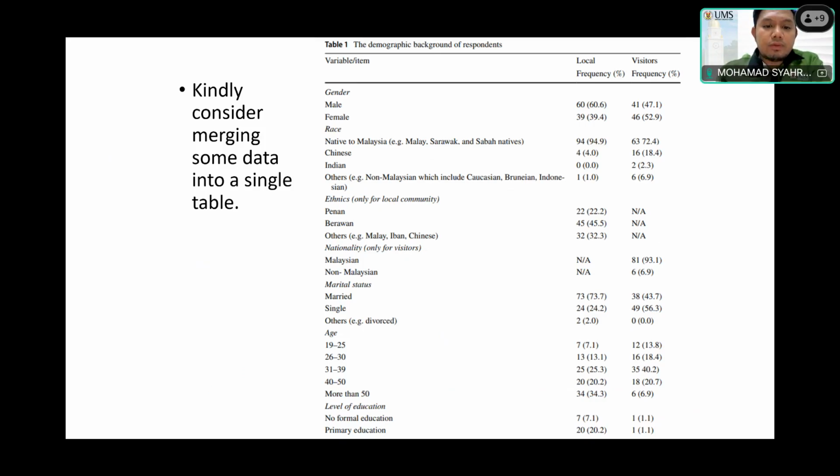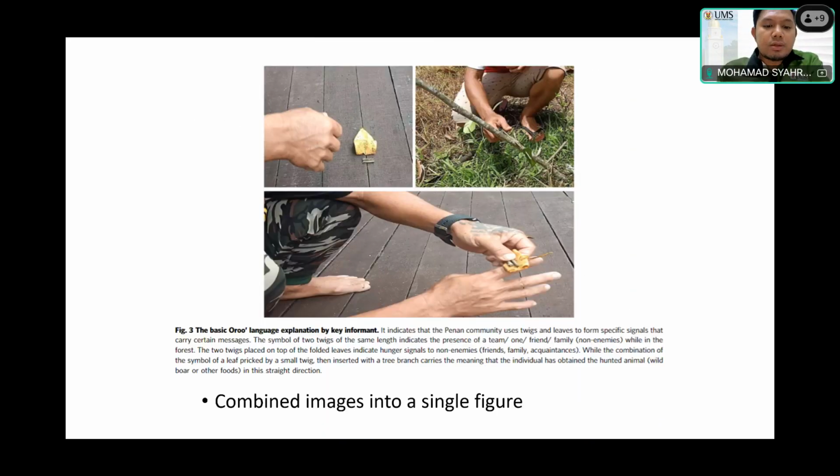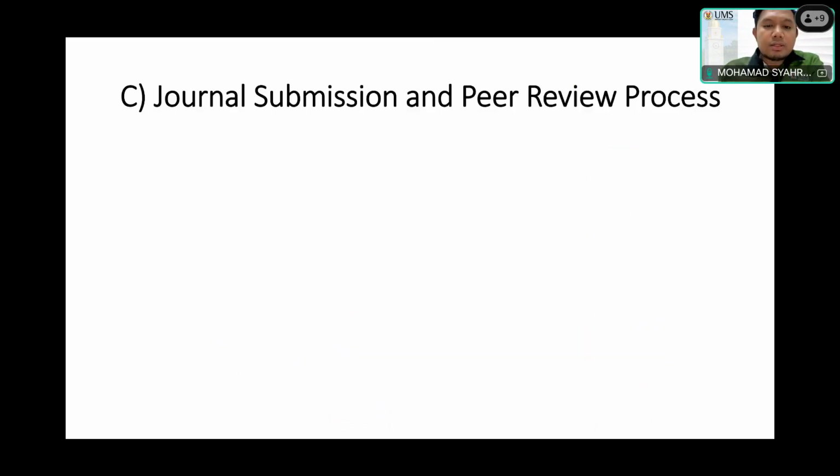For example, if it's too crowded, you can separate into two. You have to think of that. It depends on your field. Okay, like this, the visual one, you can make it into one picture, combine images into a single figure, for example.